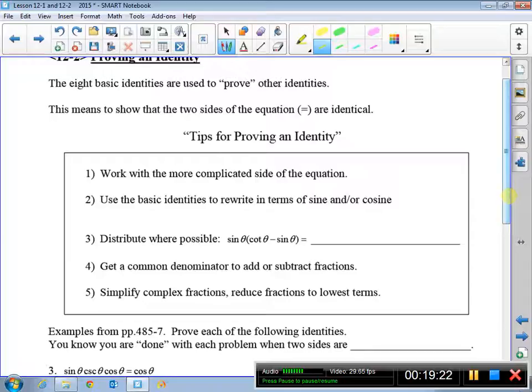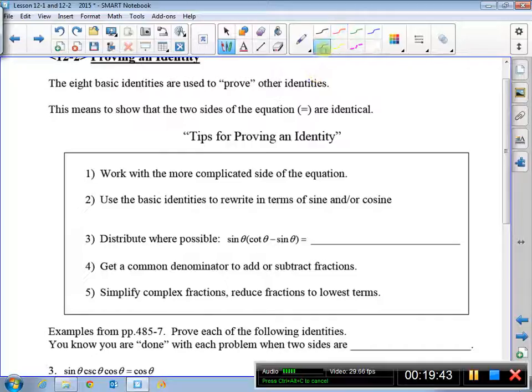So there's lots of tips. Tip number 1, work with the more complicated side first. You can work with both sides, but maybe start with the more complicated. Number 2, use the basic identities to rewrite in terms of sine and cosine. Go for sine and cosine. Distribute whenever possible. It could help.